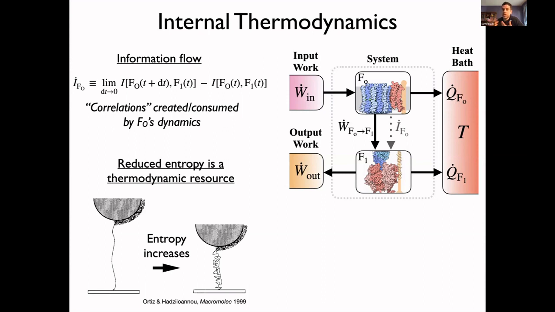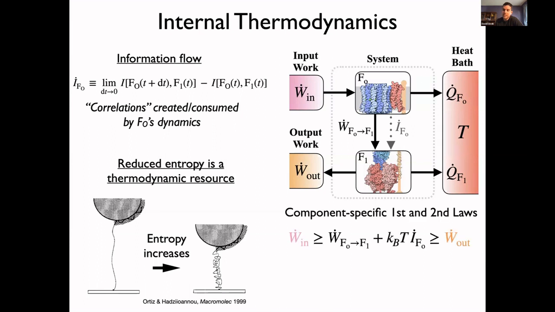So you have these two components of how the two different subunits communicate with each other, and they combine using first and second laws applied at the level of individual subunits. We can combine those first and second laws, and we can get bounds on the input work, a lower bound on the input work, and an upper bound on the output work, and the same quantity appears bounding both of these quantities. So it is the transduced work rate, and then the information flow modulated by the temperature of the thermal surroundings.